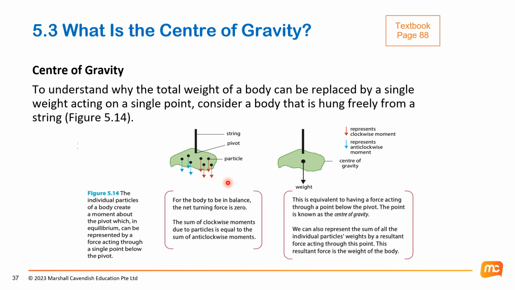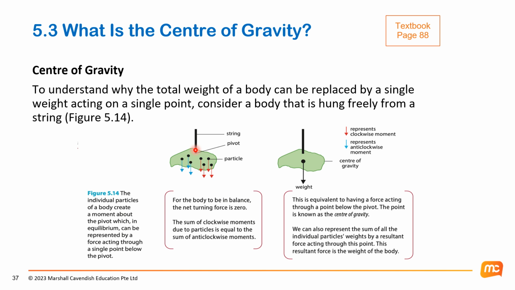However, based on where this pivot is, we can see that some of the weights on the left, the blue arrows, are exerting a moment in the anti-clockwise direction, whereas the particles on the right of this pivot, all the red arrows, are exerting a clockwise moment.